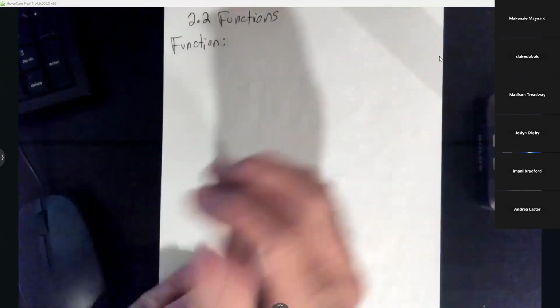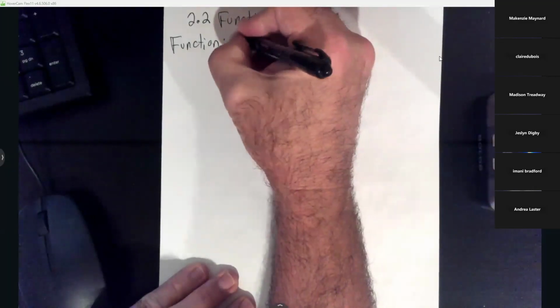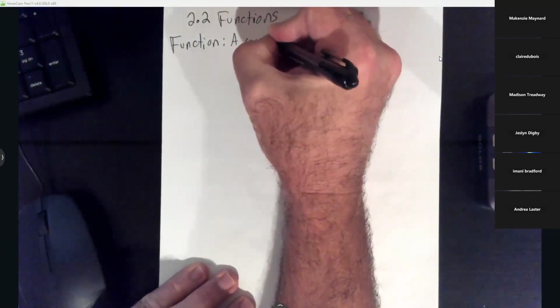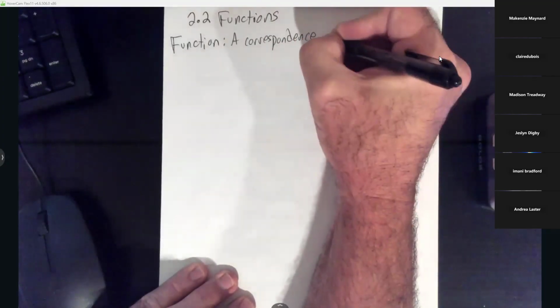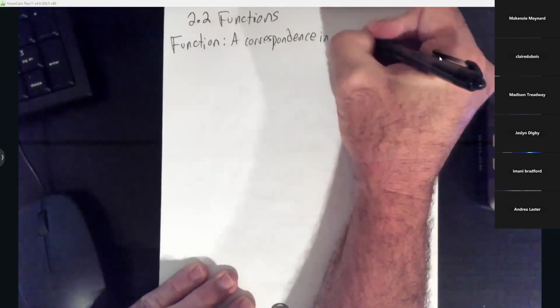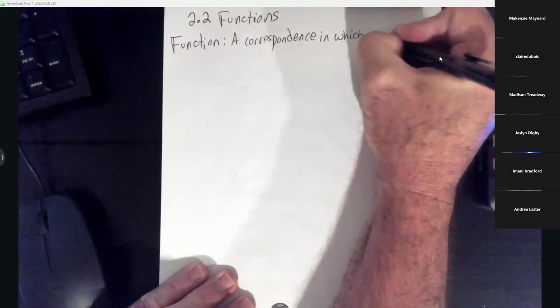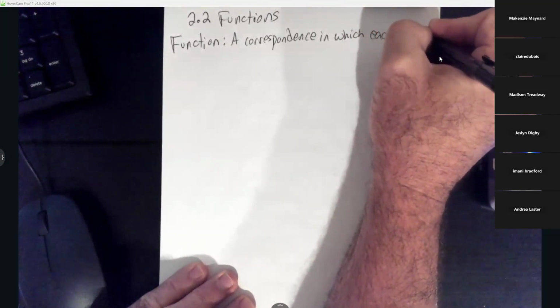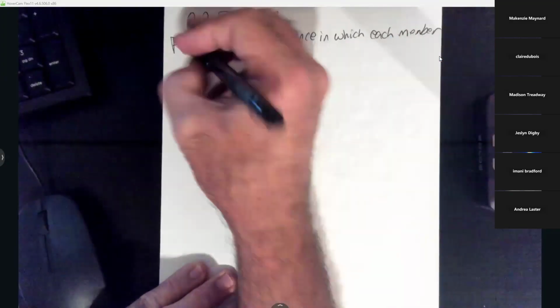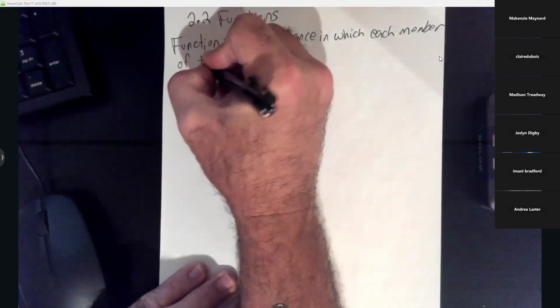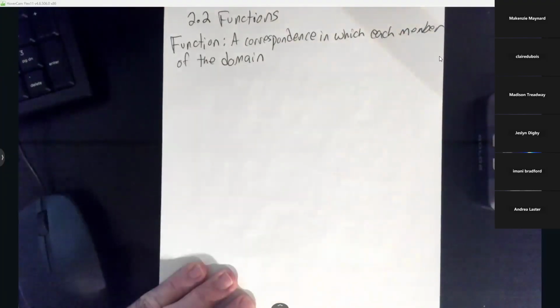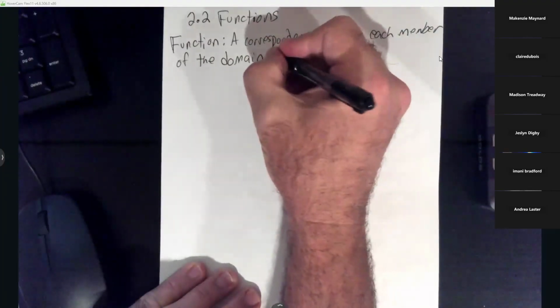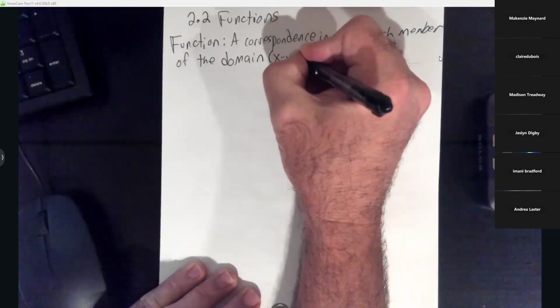So y'all, the definition of a function is a correspondence in which each member of the domain. Now, y'all, when I talk about domain, I'm talking about the x values.